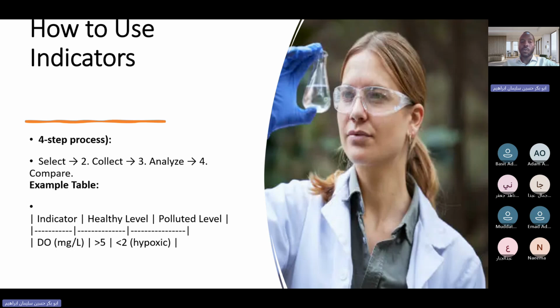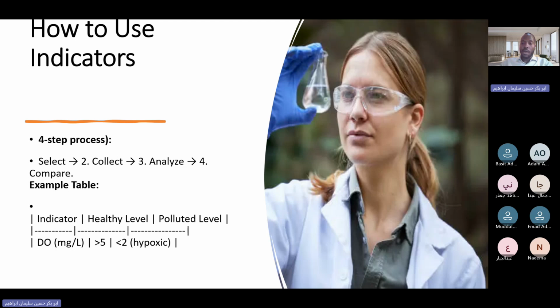Then, when we have selected the indicator and collected the data, we can do the analysis. You can see which country or which state has a lower level of oxygen, and which state has higher particle matter. Then you can compare between two places or two countries or two states.